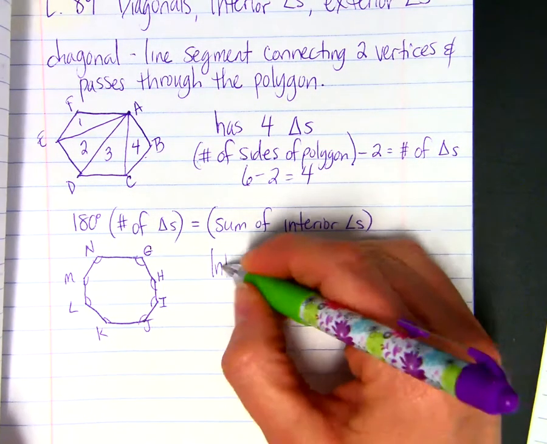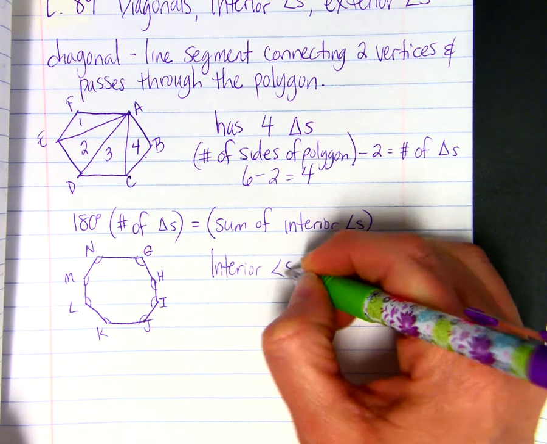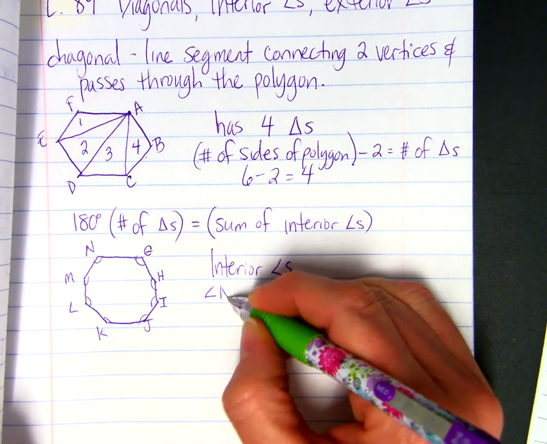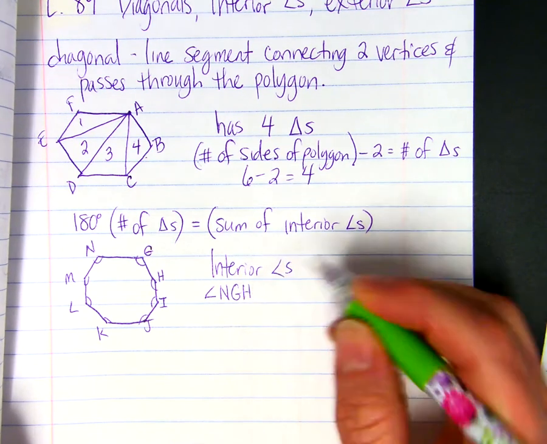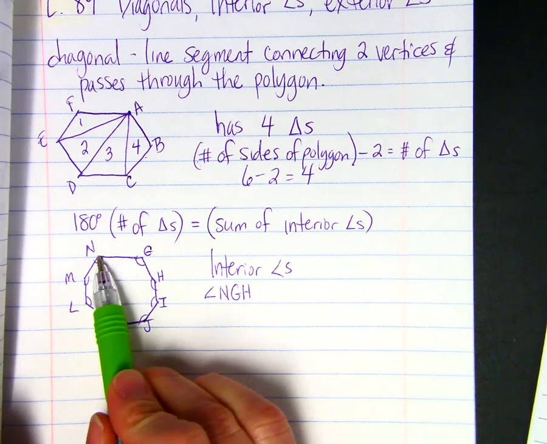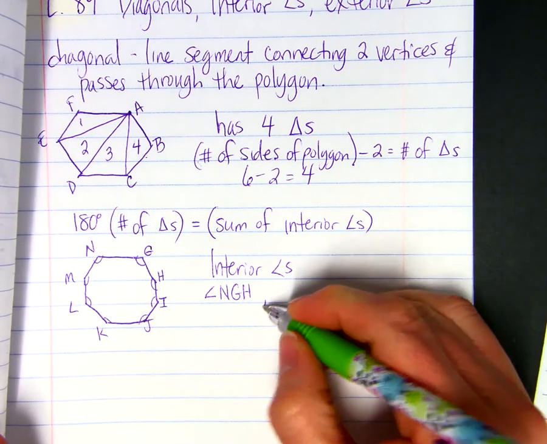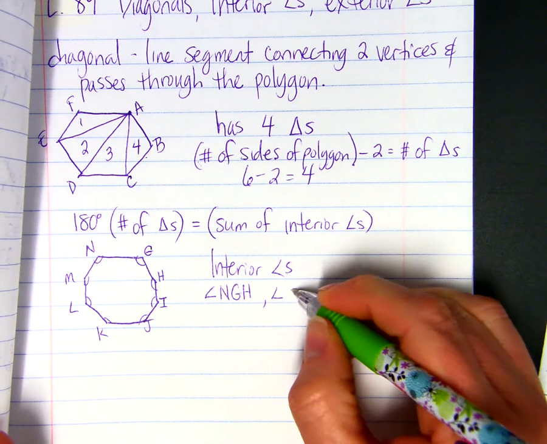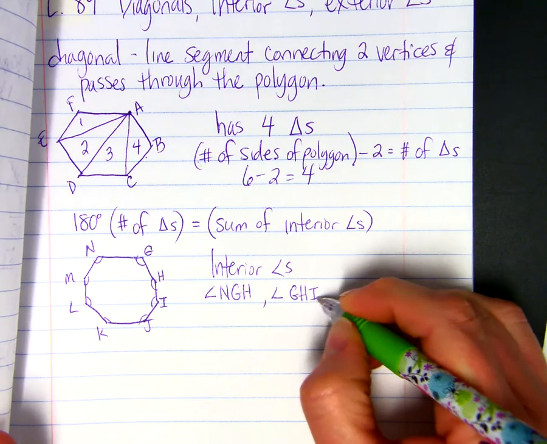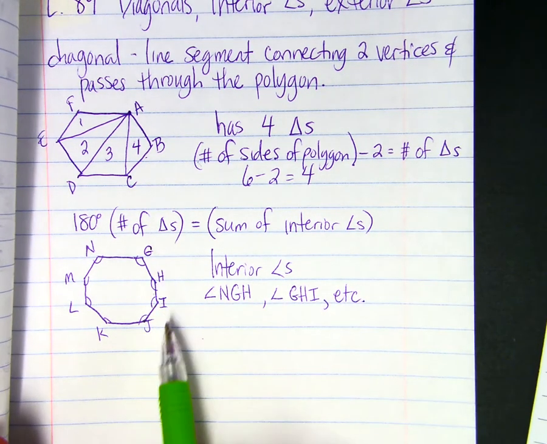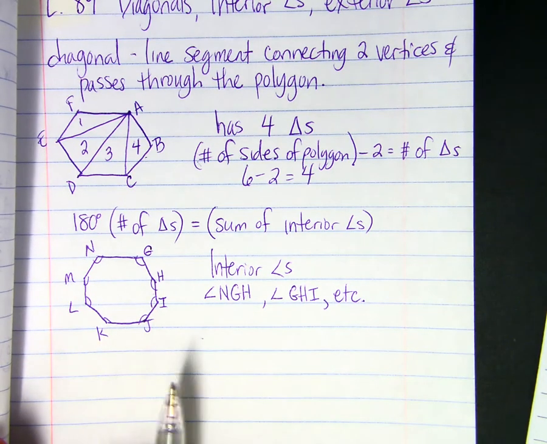So interior angles. Some examples, we'll have angle NGH. So if you start at N, G is the vertex, end at H. That's an interior angle. Angle GHI, etc. So you could list all of them all the way around.